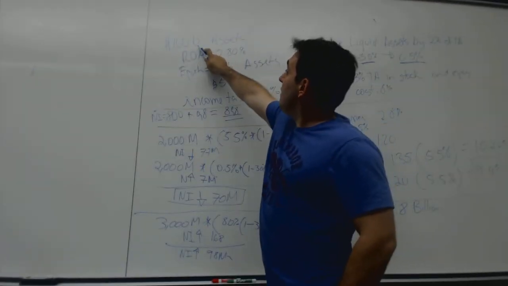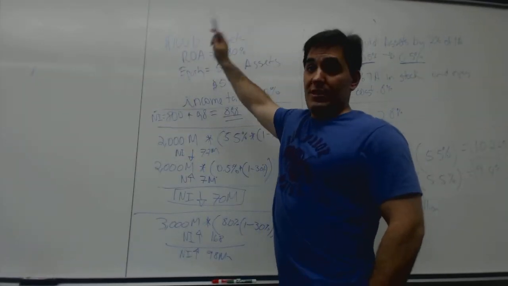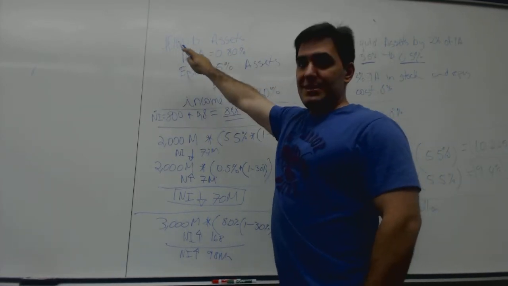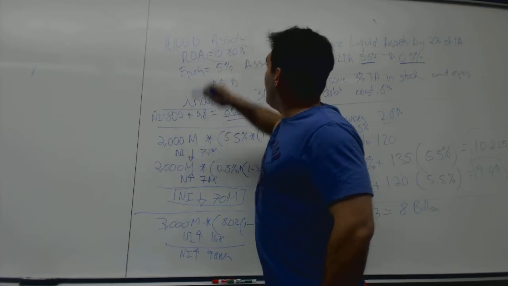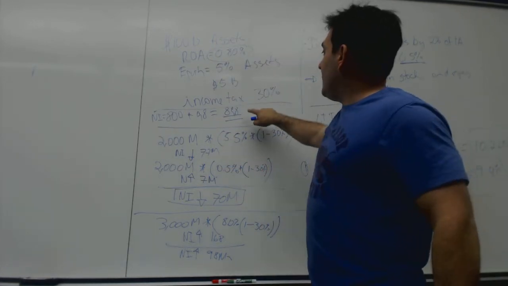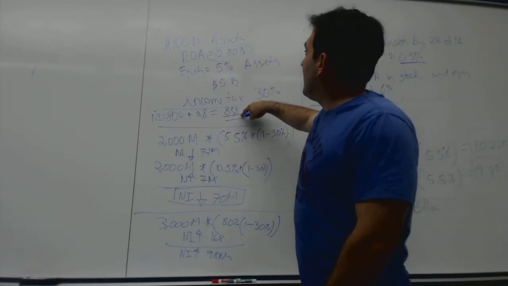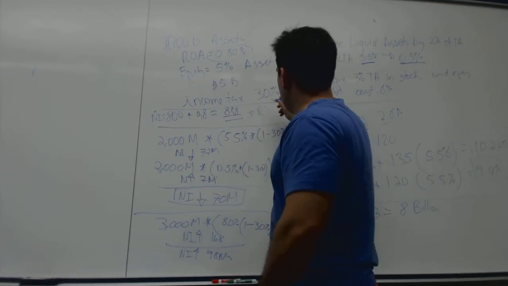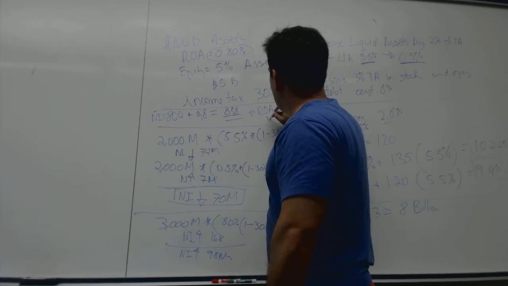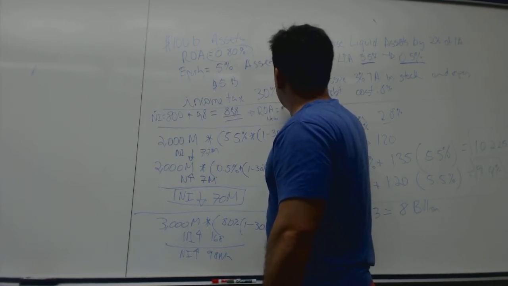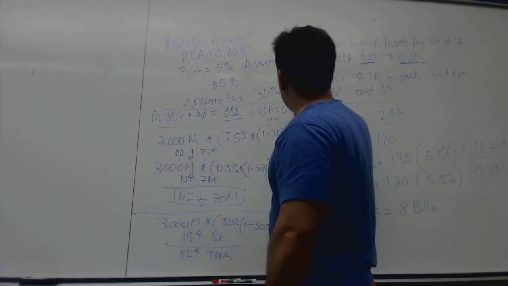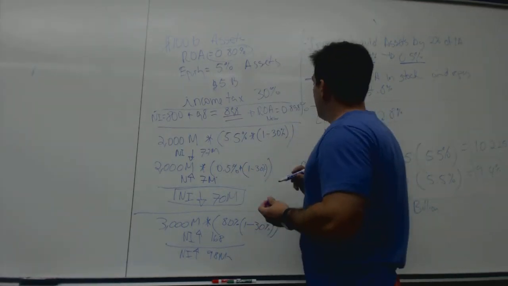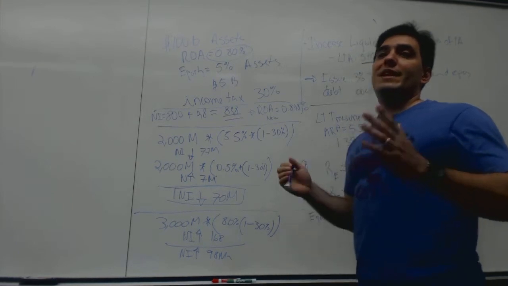Assets did not change. So remember that ROA is net income divided by assets. Before, our ROA was 0.80. Now, 898 divided by 100, our new ROA is equal to 0.898, or if you want to round, about 0.9.